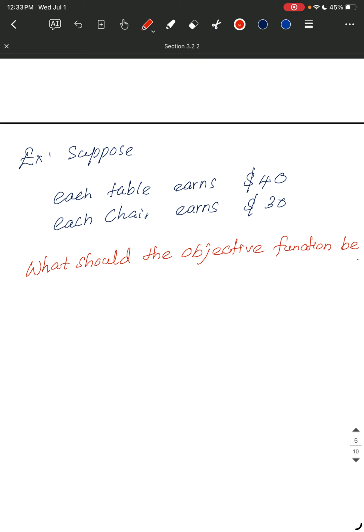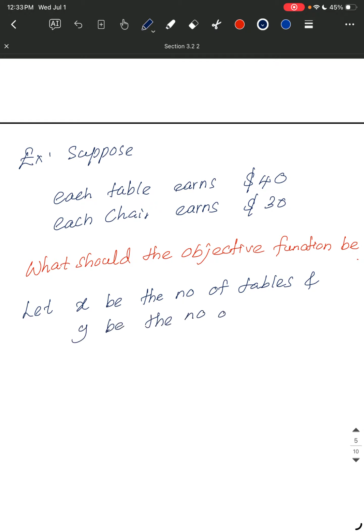Let x be the number of tables and y be the number of chairs. Per chair we can earn $30.